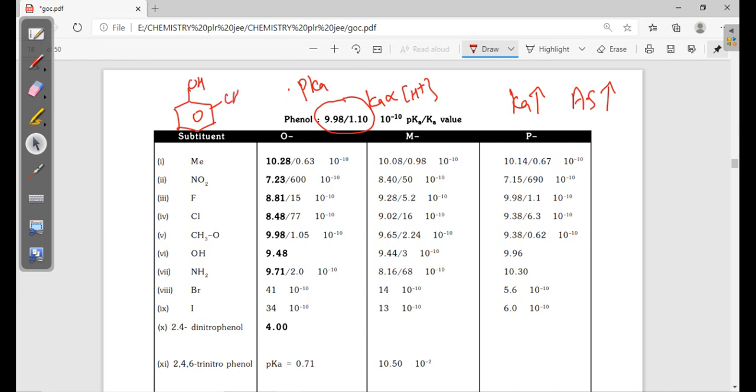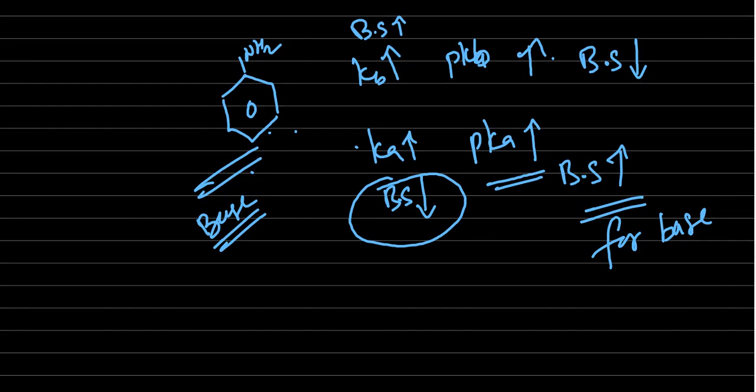Suppose I am keeping the methyl at the ortho position, then meta position, then para position. In the ortho position, first we observe the Ka. Ka is 0.63, 0.98, 0.67. Of 0.63, 0.98, which is the highest, meaning more acidic strength? Meta-methyl phenol is more acidic than ortho and para.